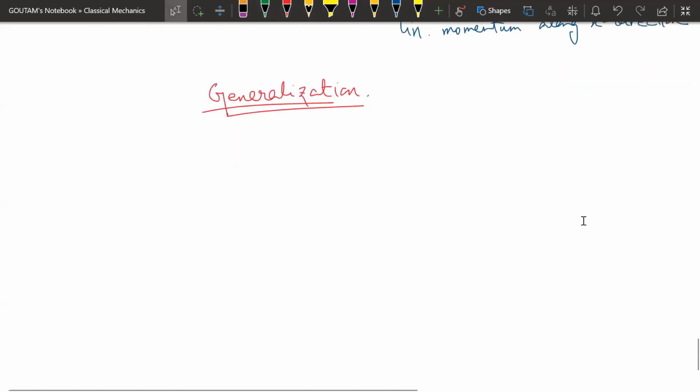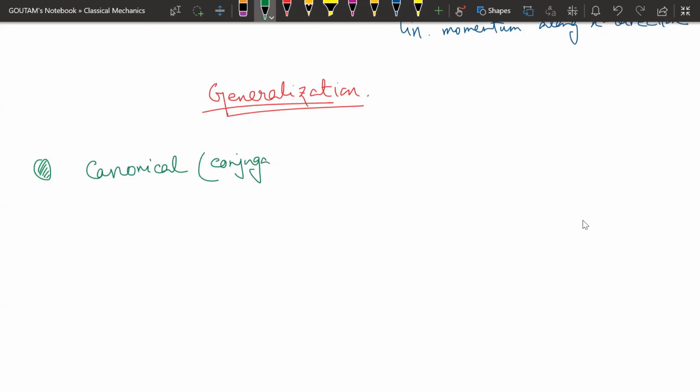Before that, let me give some definitions. The first is canonical momentum, or conjugate momentum, defined by Pi.